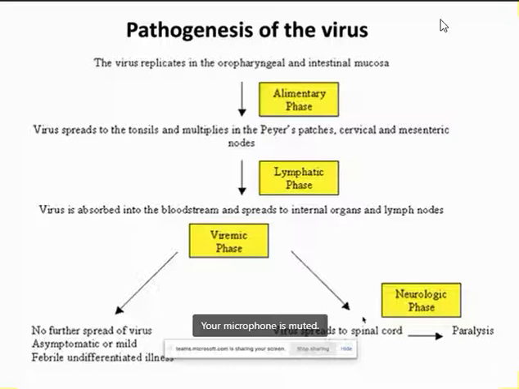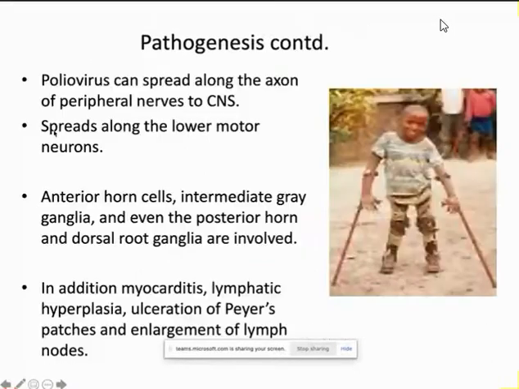Okay, see here that the polio virus can spread along the axonal nerves to the CNS, and along the lower motor neurons. Means these areas get involved, and then the patient will have such kinds of complications. So now clinical findings.